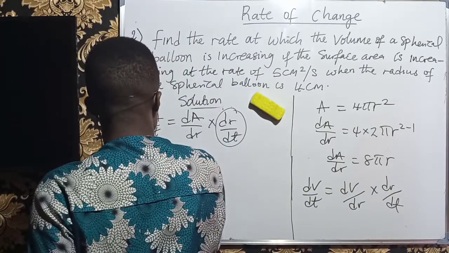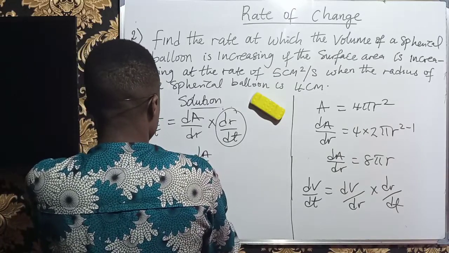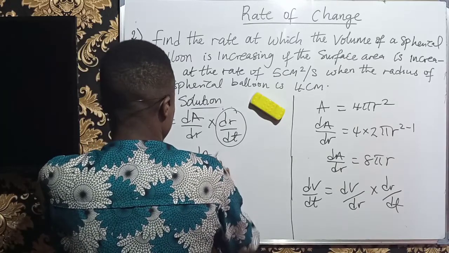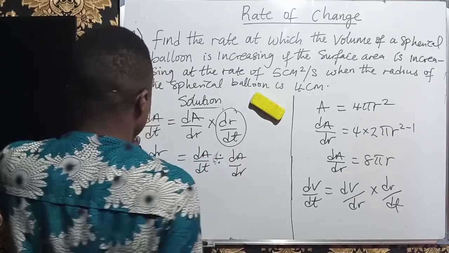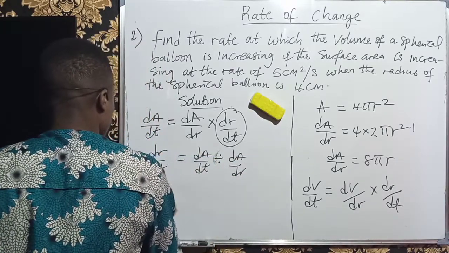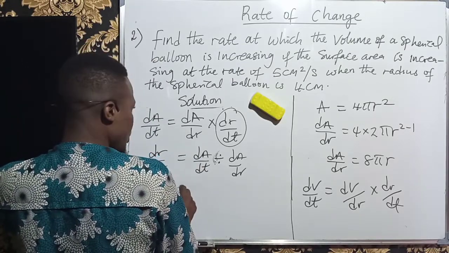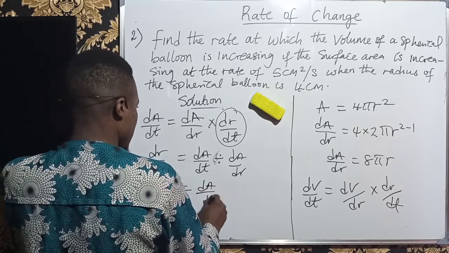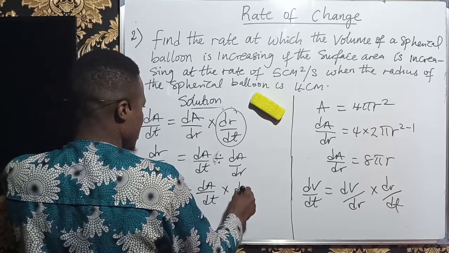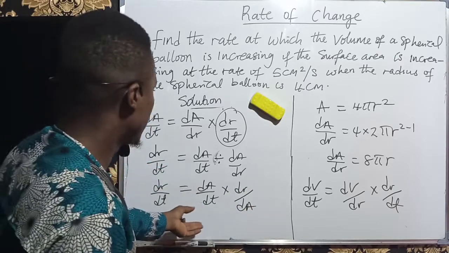Hence, dr over dt, which I'm looking for, will be dA over dt divided by dA over dr. So dr over dt will give me the same thing as dA over dt times, I'll turn upside down, dr over dA.